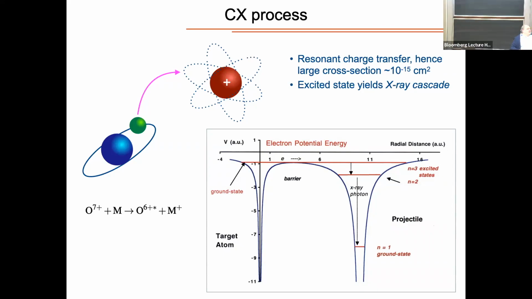Right? So the denominator is small, the matrix element is large. The cross-section, which is the square of the matrix element, is even larger. So cross-sections go up to 10⁻¹⁵ or even a few times 10⁻¹⁵, nearly 10 orders of magnitude larger than the Thomson cross section. So it's a very efficient process.